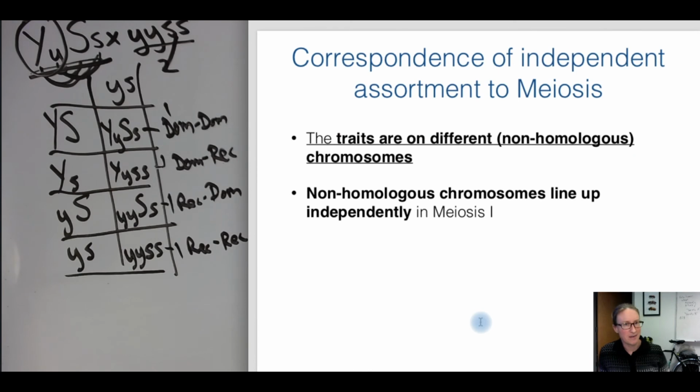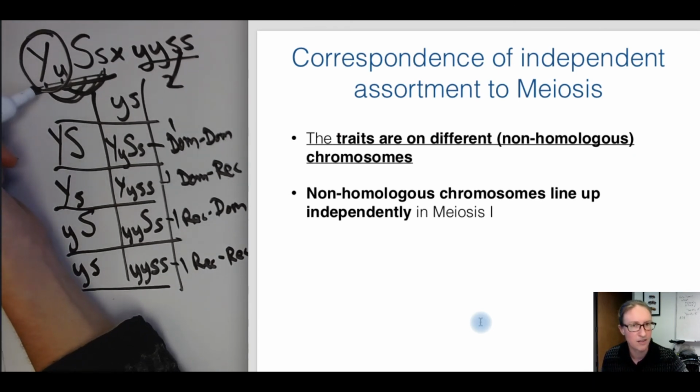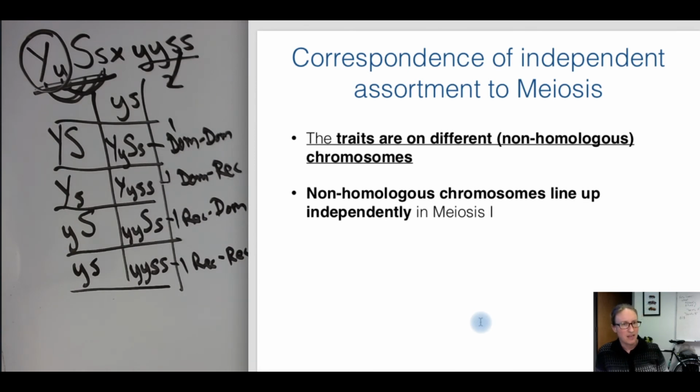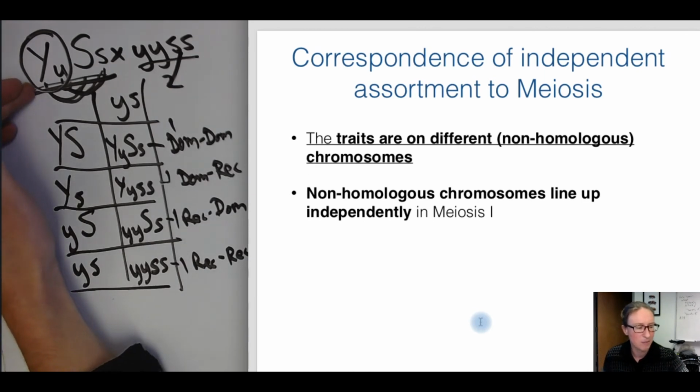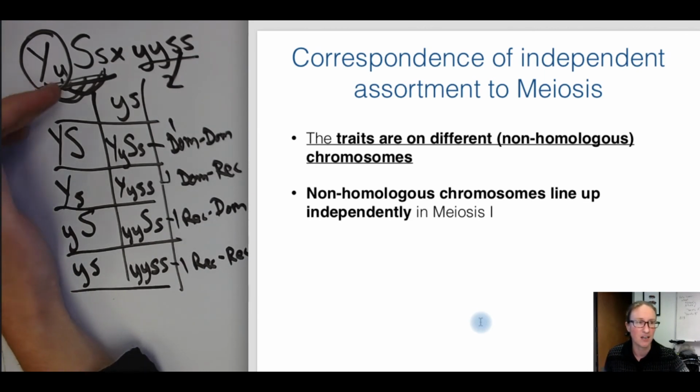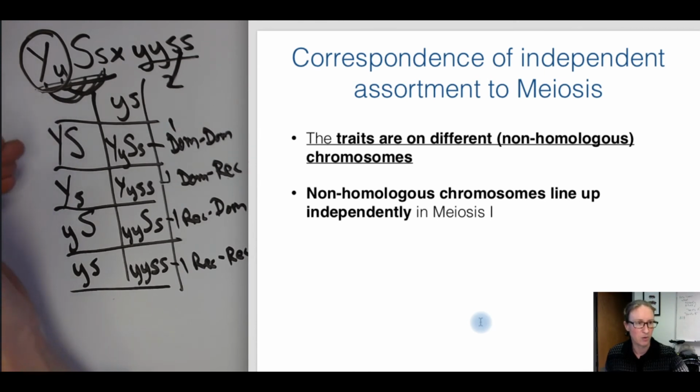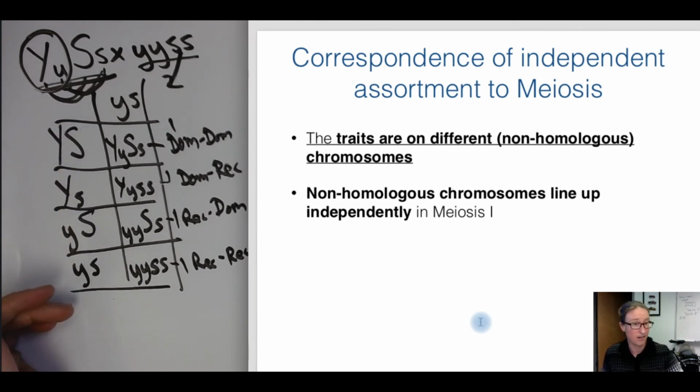So I have kind of the same question for what's going on here when we're thinking about these two traits. And here our finding is that each of these traits seems to be behaving independently of the other trait, right? So we're getting all 4 possible combinations here. And since each of these traits is behaving independently of the other trait, we refer to that as independent assortment.